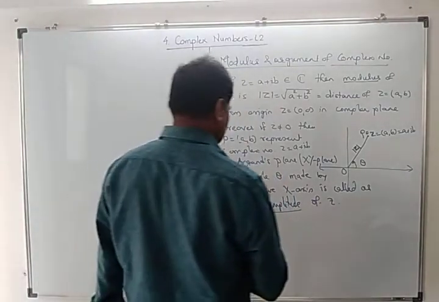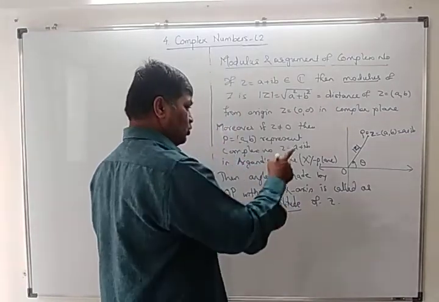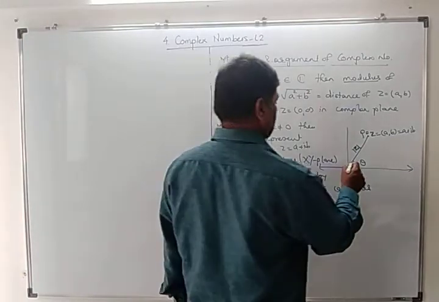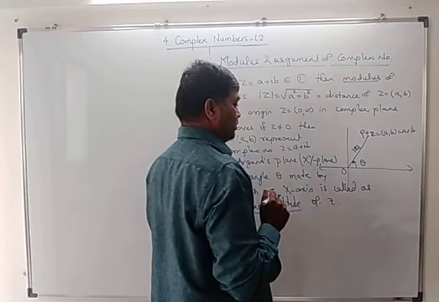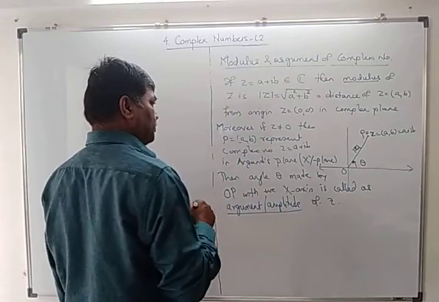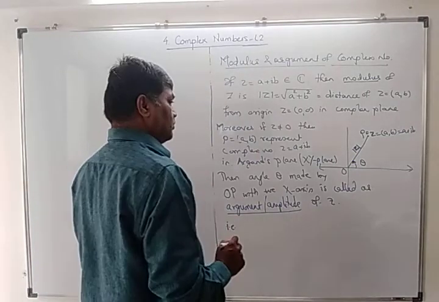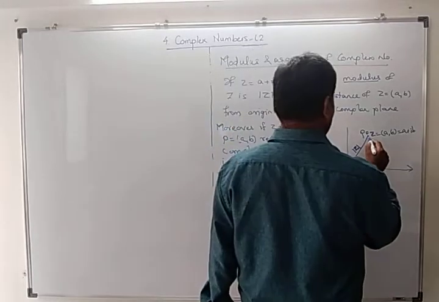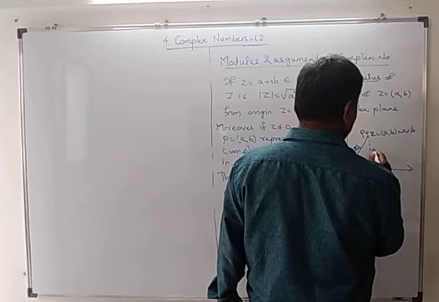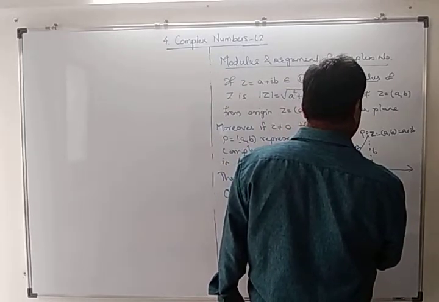So this angle theta, this is your b, and this is your a distance.